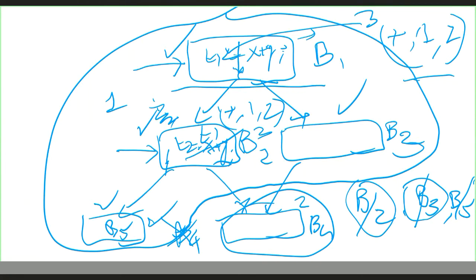So in short, this value numbering keeps going down from B1 to B2 to B5 as though it is going down in one single basic block, and getting the value context for this. We are able to do redundancy removal downhill in B5 and so on.